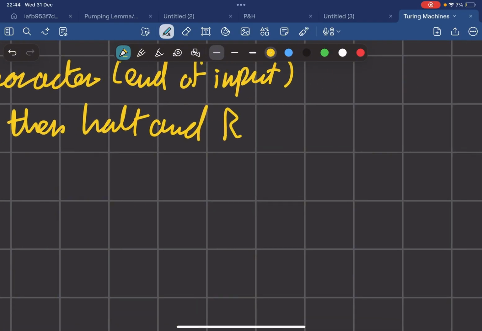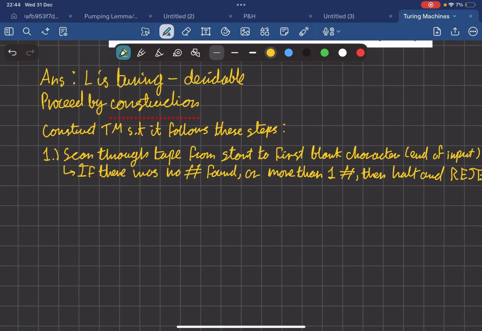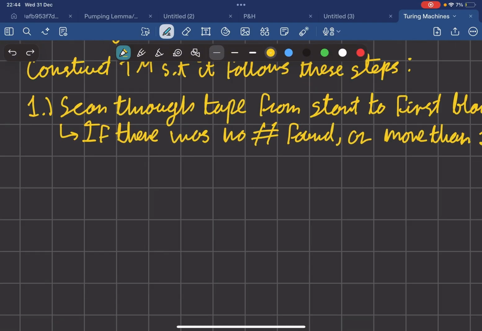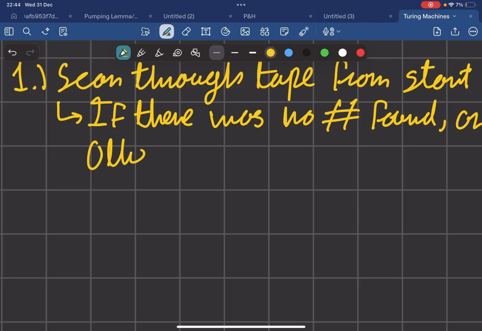Also, you don't need to write reject in all caps, but it just makes it easier to see where you've ended the thing. Okay, so reject in this case, and if there is one hashtag, otherwise, we move on to the next step.